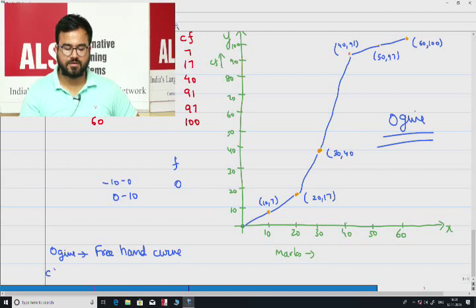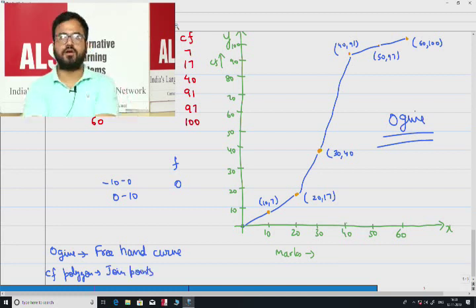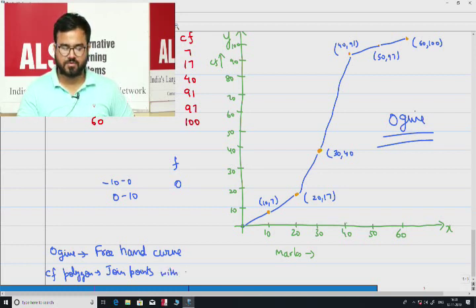And the cumulative frequency polygon, you join the points, the vertices, with line segments.